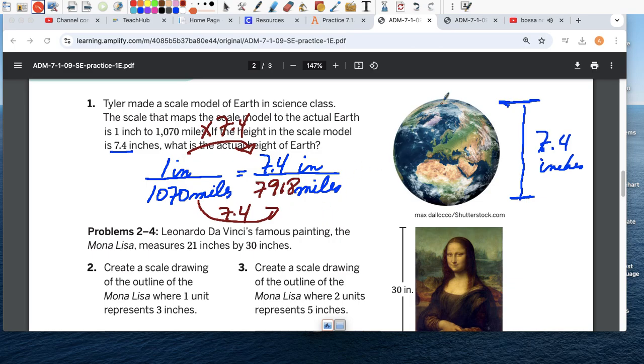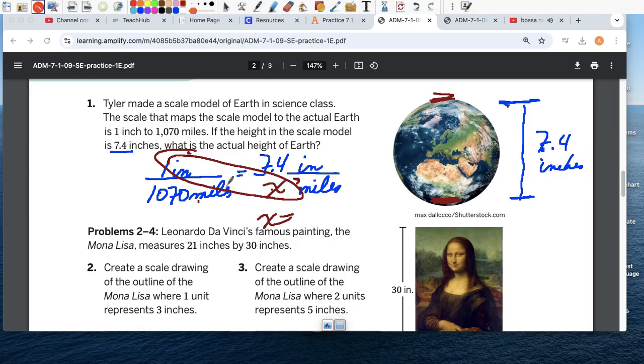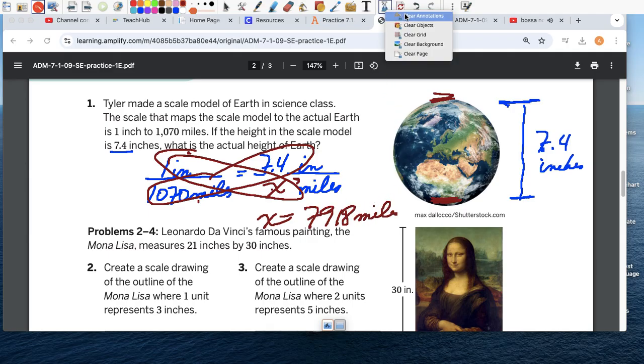So in real life, the height of our planet from the bottom to the top is 7,980 miles. If you wanted to solve the proportion, we could have done what we did in class. So this is x, cross multiplied, x times 1. We multiply these two, and then 1,070 times 7.4 is 7,918 miles. Okay.